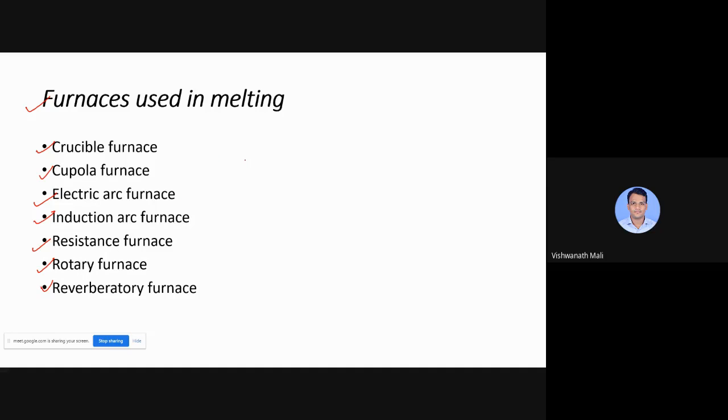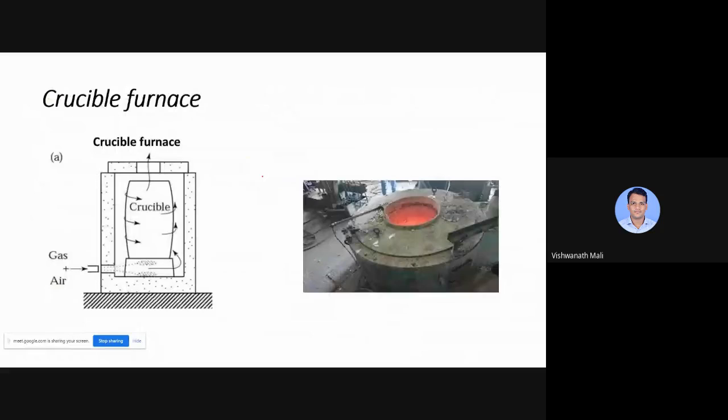Some of these furnaces require electric current, and some do not require electricity. They just require fuel like coal, oil, gases, and air to generate the heat. So let's see which requires electricity and which does not. One by one we will study these types of furnaces.